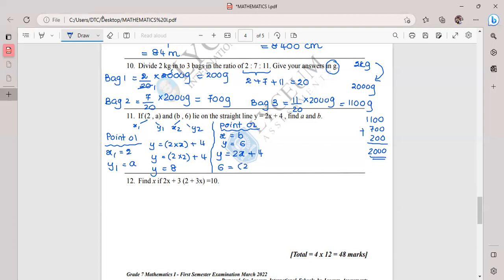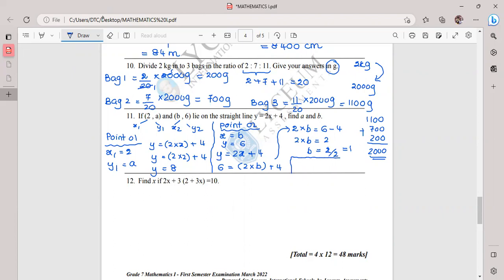Then 2 times x I don't know, 2 times b plus 4. Then what happened? I keep 2b, 2 times b, and 6 minus 4. So then 2 times b will be equal to 2, b equal to 1. Or else you can do 2 divided by 2 equal to 1.